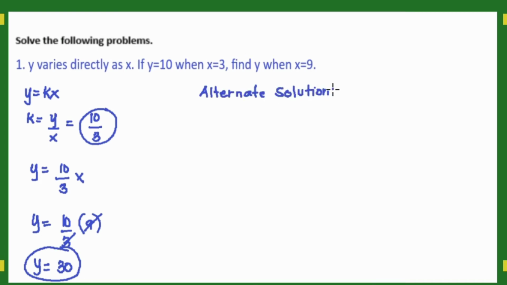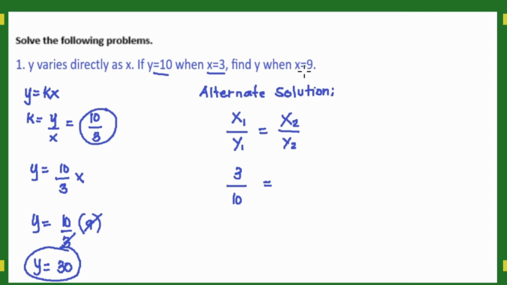Let's have the alternate solution now. Pwede rin gumamit kayo ng proportion. So, ang variables na ginamit dito are x and y. So, we can have x sub 1 over y sub 1 is equal to x sub 2 over y sub 2. Ang x sub 1 natin, yung unang binigay na x. So, x is equal to 3. Yung y sub 1 naman, yung partner niya, which is 10.